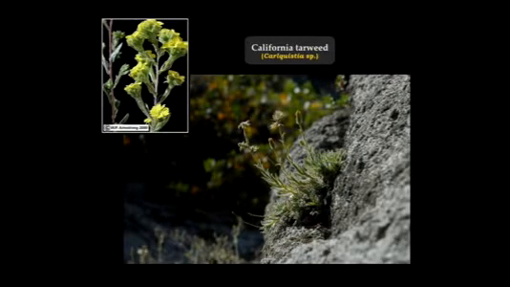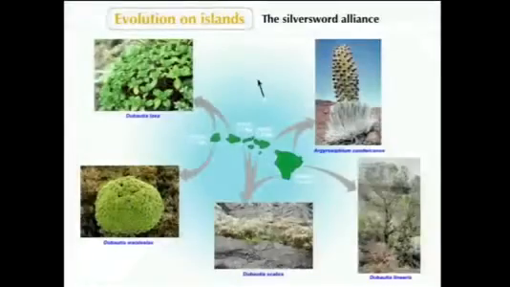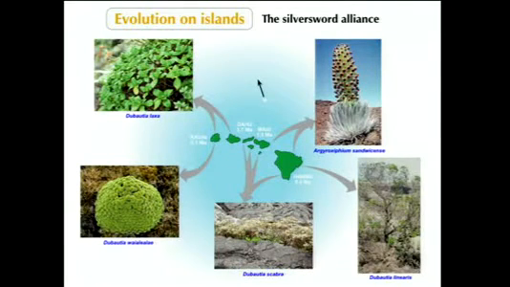A little plant like this that has an opportunity to travel that great distance successfully may find itself on new islands with very few competitors, with very few established large photosynthetic organisms with which to compete, and is subjected to all the evolutionary forces we've looked at and has a great opportunity in such a circumstance.